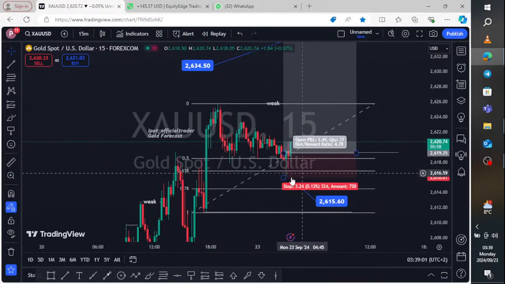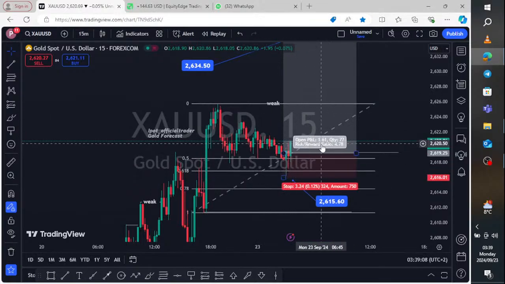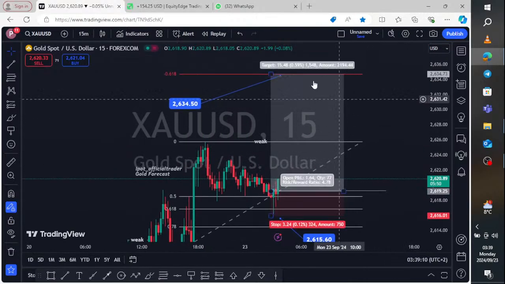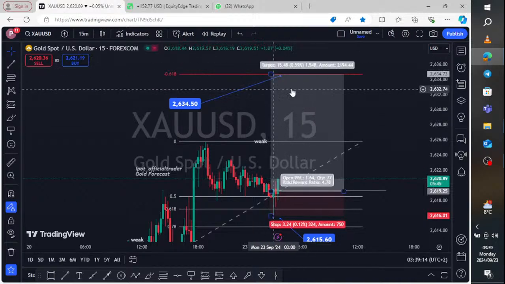But because it's respecting this as a retracement, meaning this part is a retracement to push to the upside, it means we're looking at gold pushing to the upside and then respecting the Fibonacci extension.